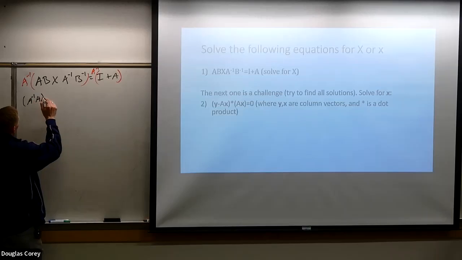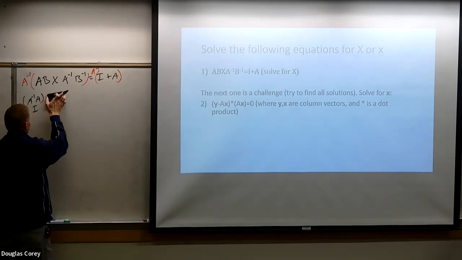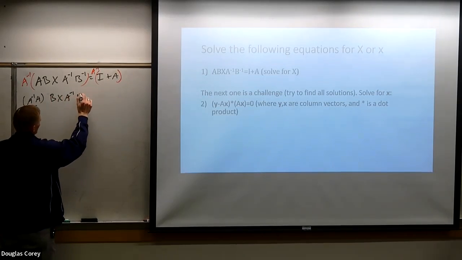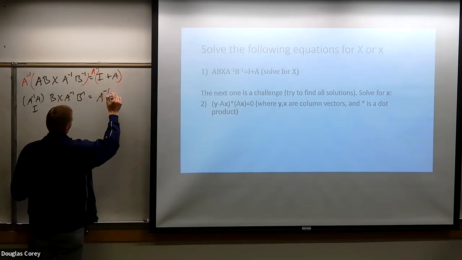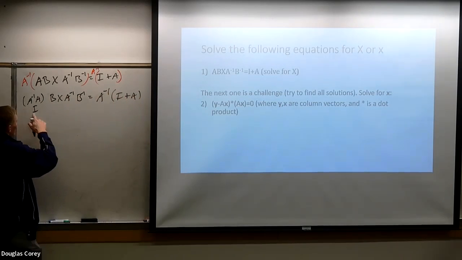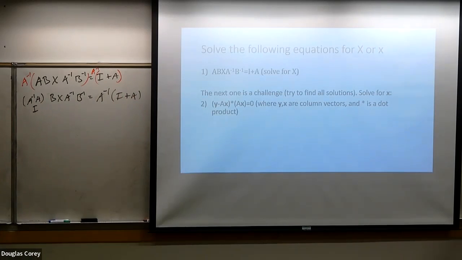A inverse times A is going to be the identity. And we'll have X times B equals A inverse times I plus A. Okay, what's the identity matrix times another matrix? For the identity matrix, I think we mentioned before, it's the matrix with ones down the diagonal.